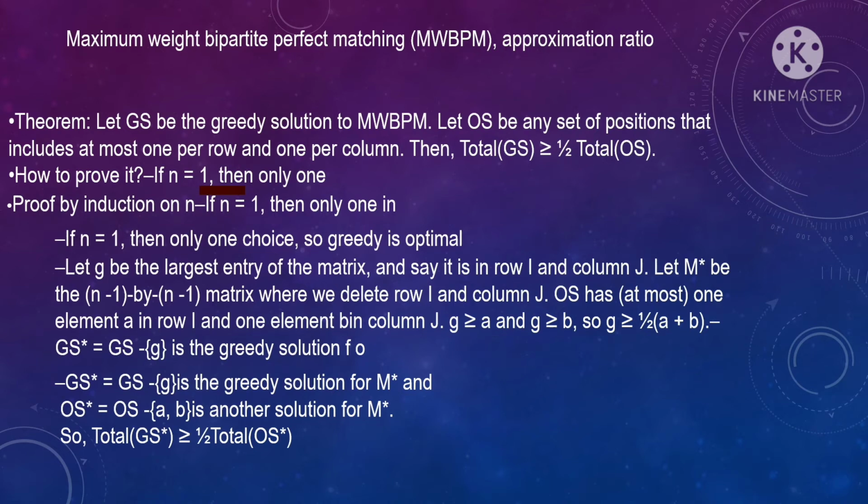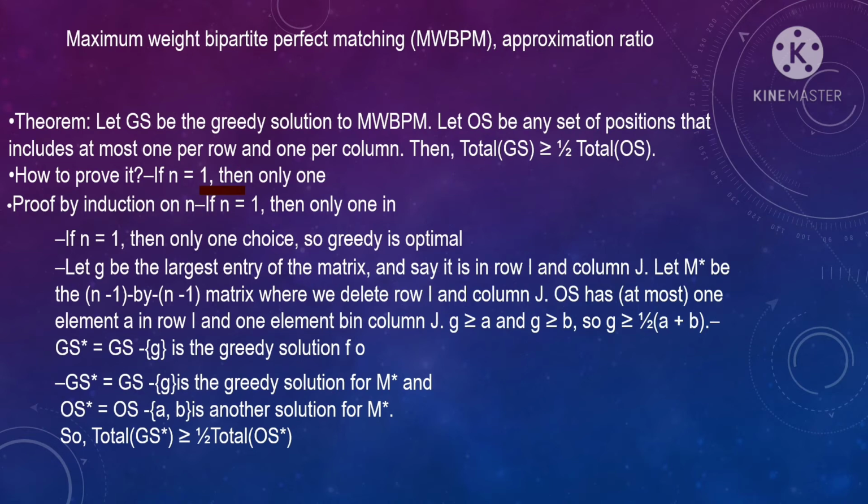Let M* be the (n-1) by (n-1) matrix where we delete row i and column j. OS has at most one element in row i and one element in column j.